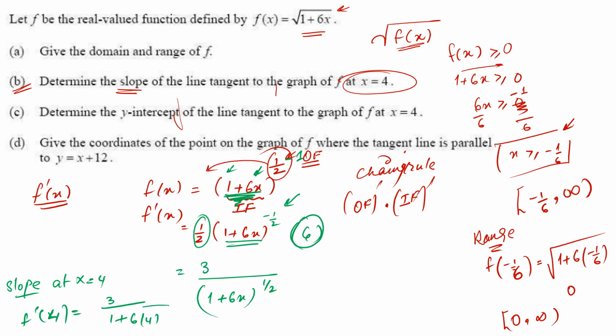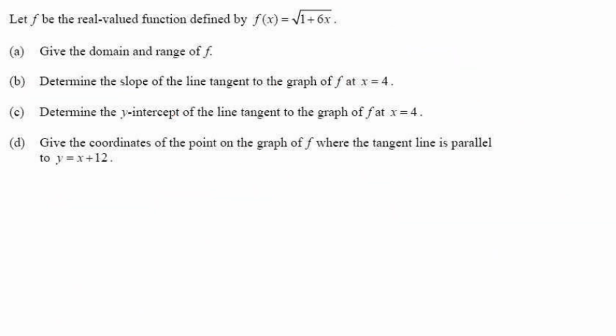Now the power is a half, so rather than writing the power half, I put it as a radical sign, a square root sign. If I write all this in the calculator, I will get 3/5. It means that the slope is 3/5.